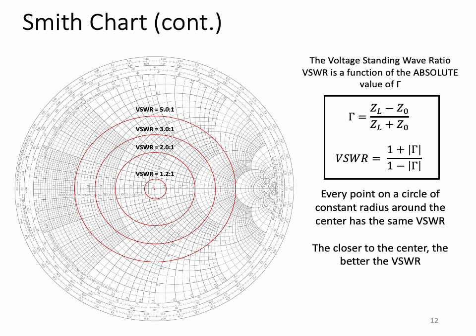So for a fixed length vector, in other words, for a fixed absolute gamma, the VSWR is constant. Well, that's the definition of a circle. Notice that the closer to the origin one gets, the better the standing wave ratio. And of course, VSWR equals 1.0 occurs exactly at the center where the load impedance is exactly equal to the characteristic impedance of the transmission line.